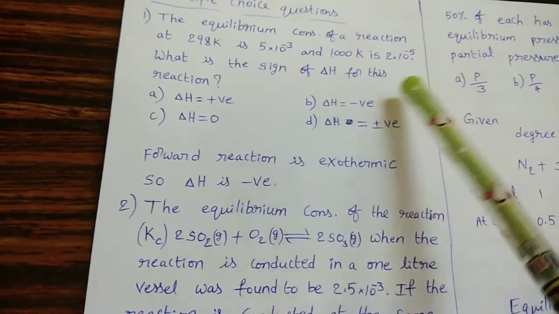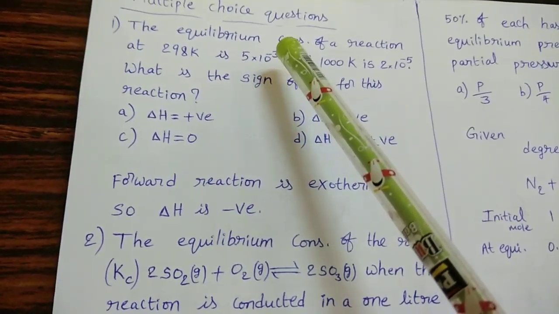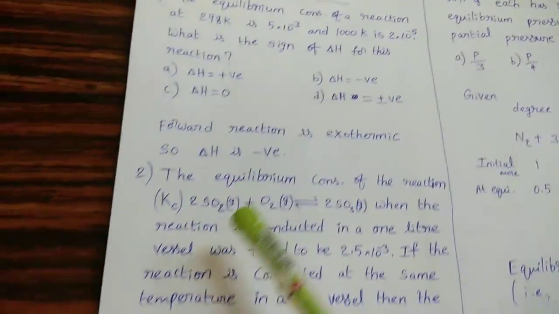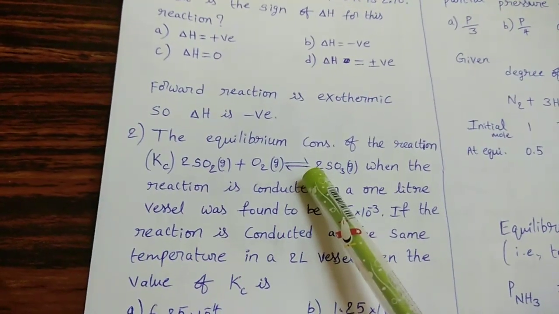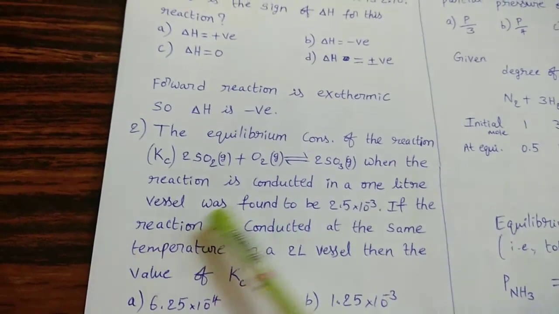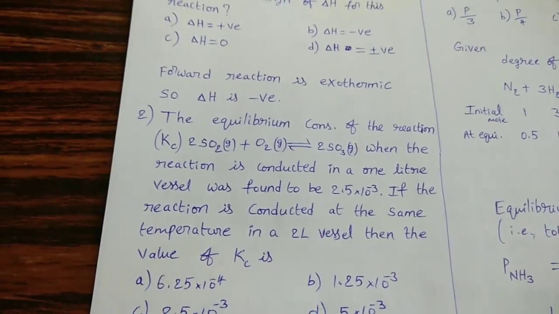We need not do any calculation, just from the characteristics of equilibrium constant we can get the answer for this type of question. Next, the equilibrium constant of the reaction 2SO2 plus O2 gives rise to 2SO3, when the reaction is conducted in a 1 liter vessel, was found to be 2.5 into 10 power minus 3.